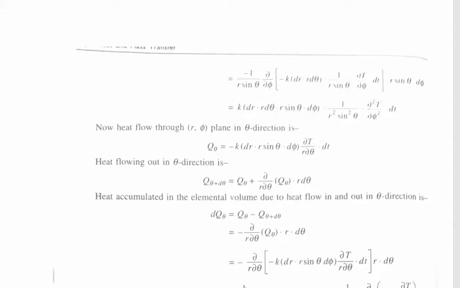The heat accumulated in the element volume due to heat flow in and out in the theta direction is the change of heat in the direction of theta, equal to q theta minus q theta plus d theta. By reducing the values, we get minus ∂q theta/∂theta into r d theta with respect to r d phi.